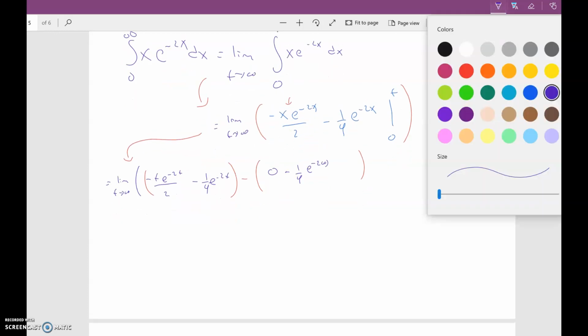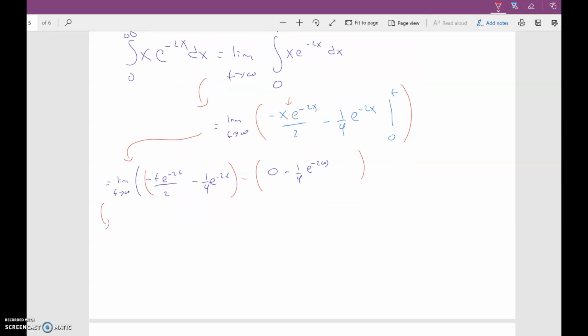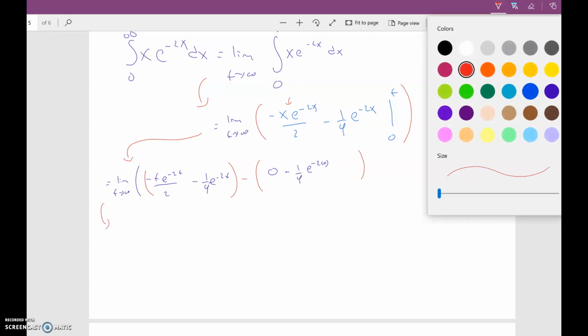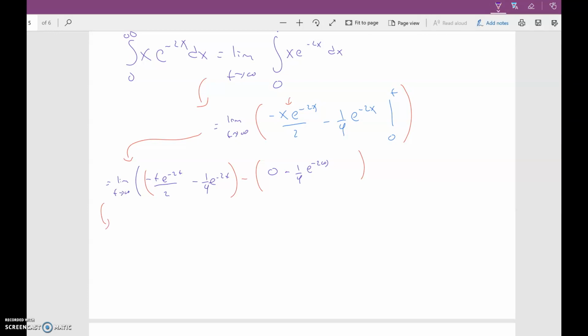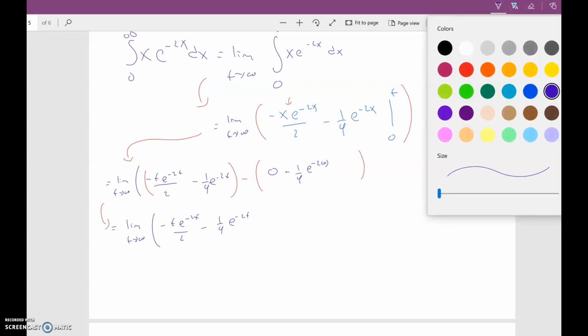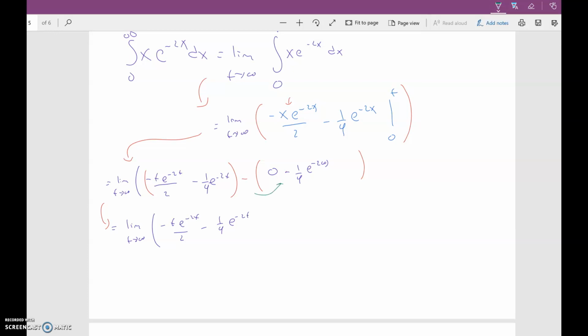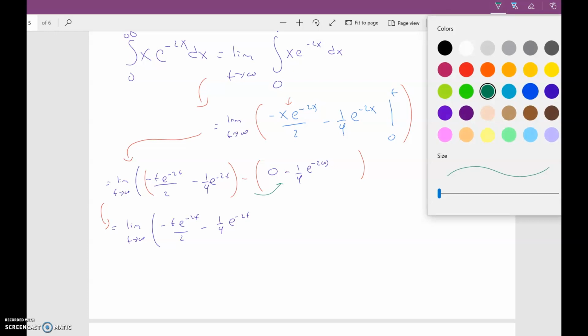So our limit portion that we're going to be evaluating is the actual limit as t approaches infinity of negative t e to the negative 2t divided by 2 minus 1/4 e to the negative 2t, and because of the parentheses, we're going to get plus 1/4.